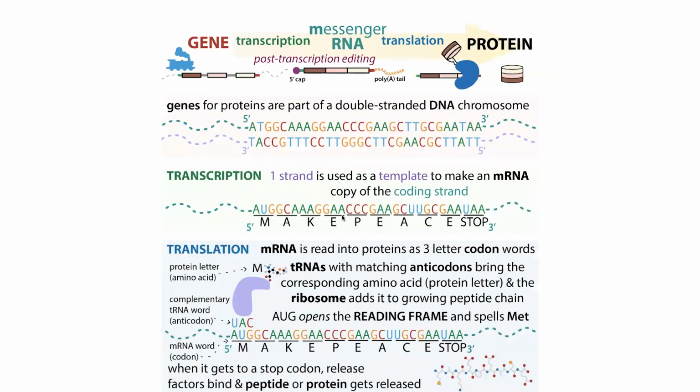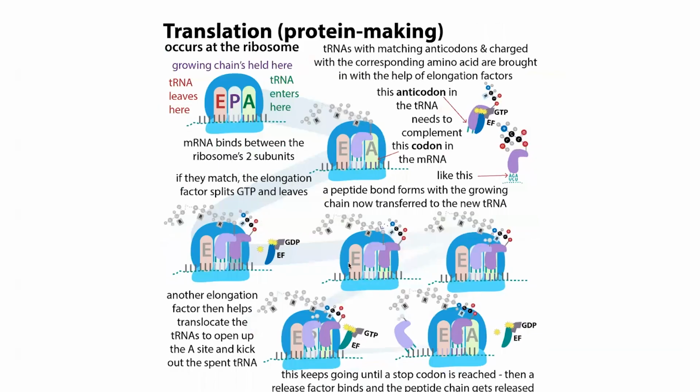The RNA, which is a copy of the DNA, is read by the ribosomes in 3-letter chunks, these codons. The ribosome travels along the messenger RNA codon by codon, and at each codon, a transfer RNA with the complementary sequence, the anticodon, comes and brings the corresponding amino acid.